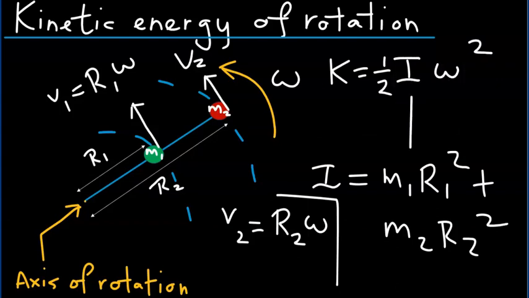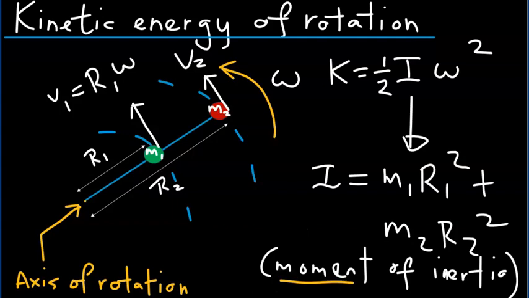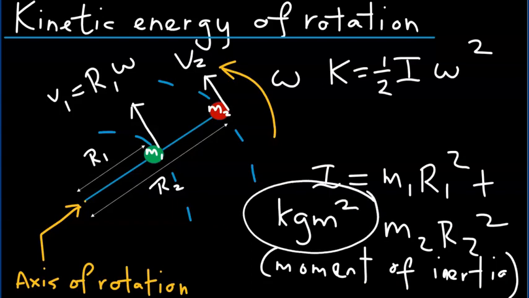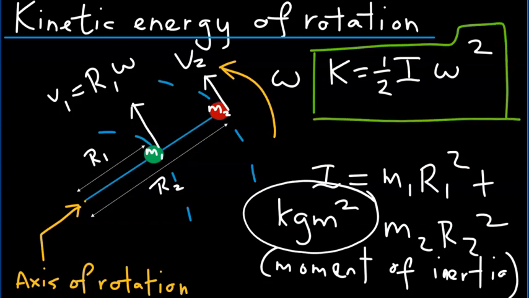This I here is known as the moment of inertia or rotational inertia of the system, with an SI unit of kg meter squared. So this expression right here, half I omega squared, is the kinetic energy of rotation of a system.